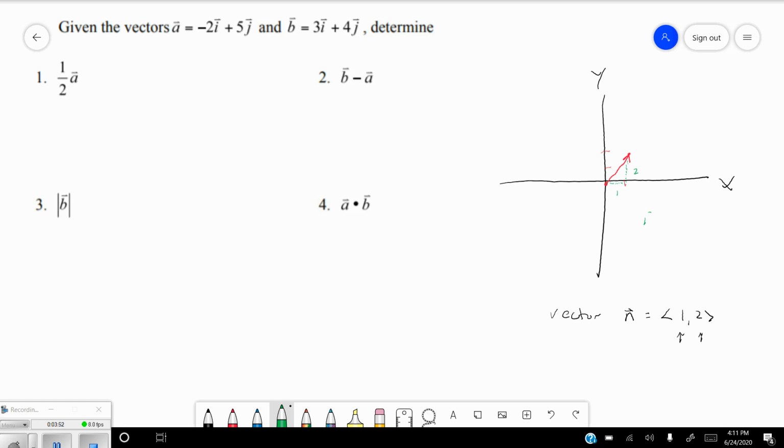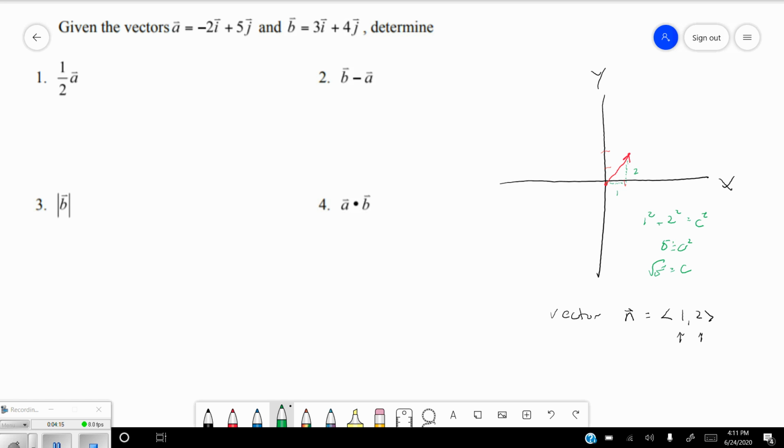So you would have 1 squared plus 2 squared equals, and you can call it whatever you want. We'll just call it c squared in this case because we're used to using a, b, and c. So 1 squared plus 2 squared, that's 5, equals c squared. So if you take the square root, c would be the square root of 5.